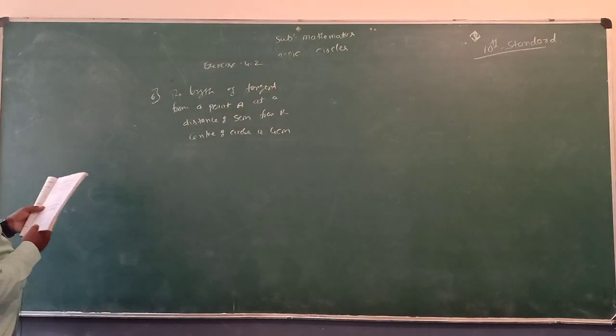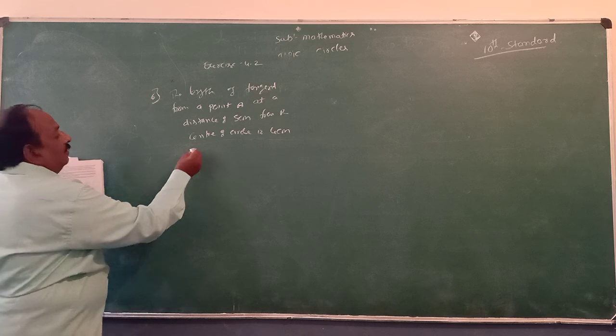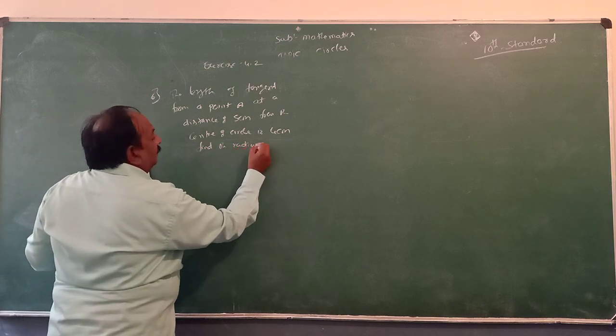The length of the tangent from a point B at a distance of 5 centimeter from the center of the circle is 4 centimeter. Find the radius of the circle.